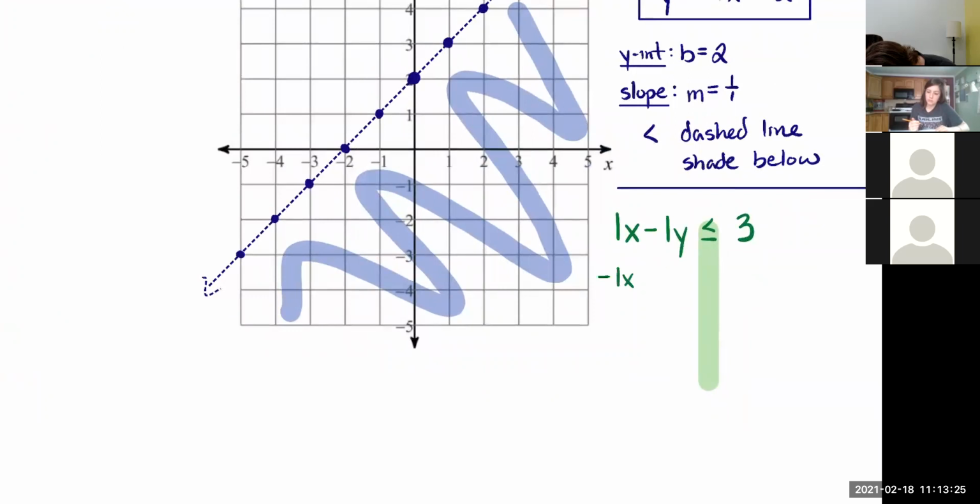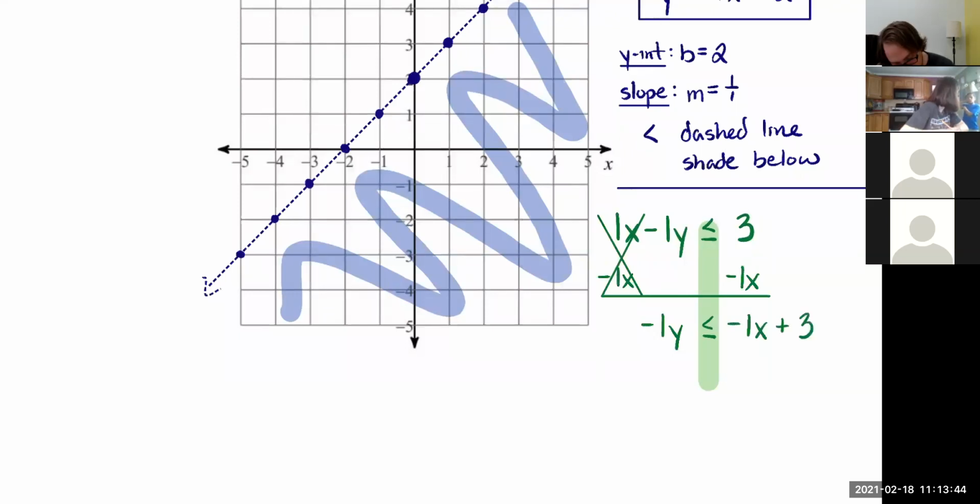Subtract 1x from both sides. That leaves me with negative 1y is less than or equal to negative 1x plus 3. And then I'm going to go through and I'm going to divide everything by that negative 1.